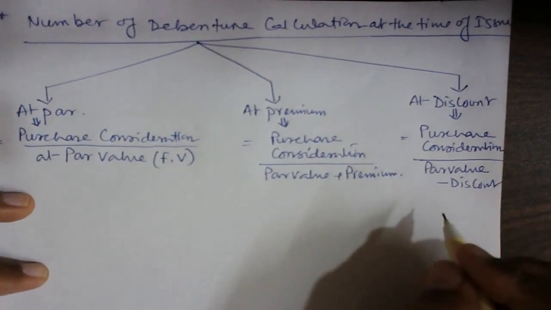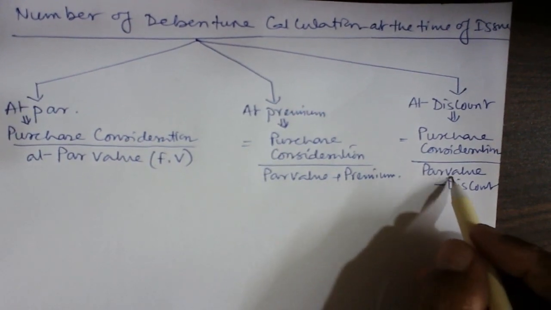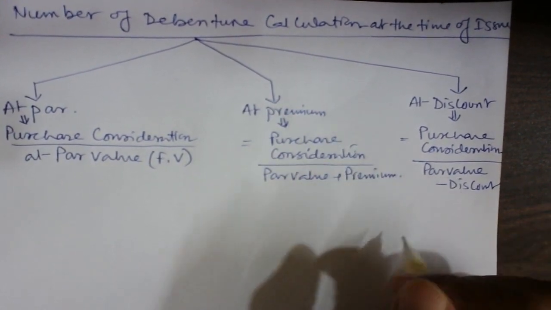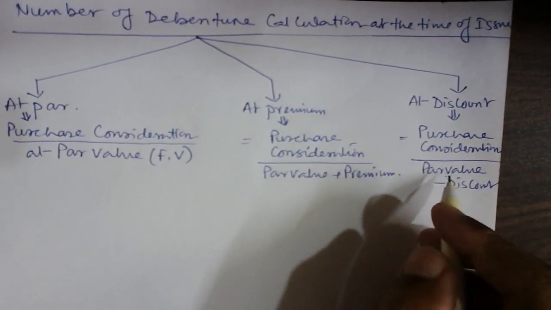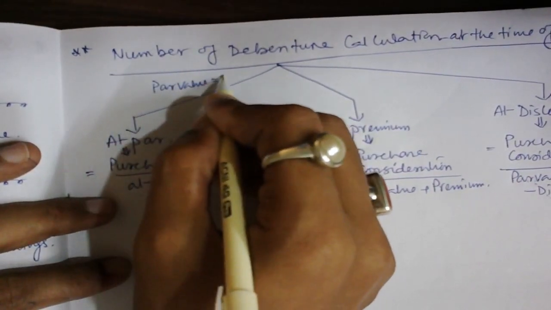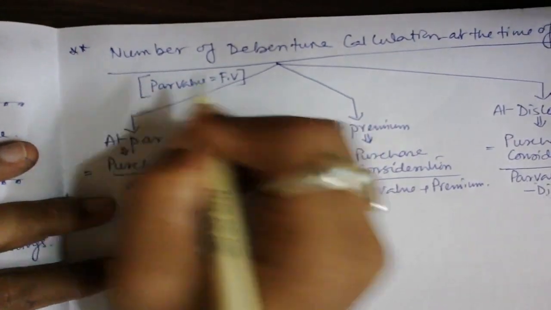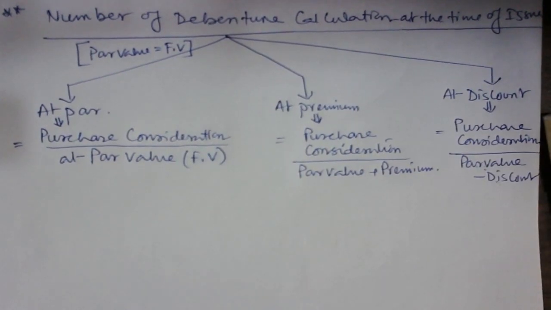So let's say 1 rupee discount. If par value is 10, then 10 minus 1, the discount amount being 1, so it will be 9 rupees. Par value is face value. You can write here for convenience. See, this is how to calculate the number of debentures at the time of issue of debenture other than cash.